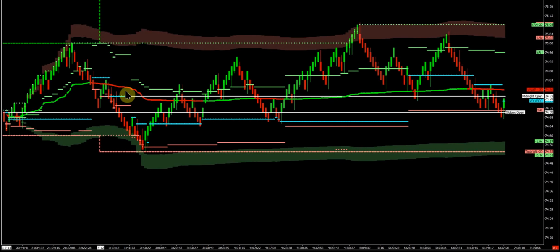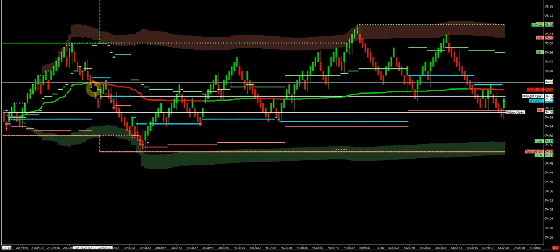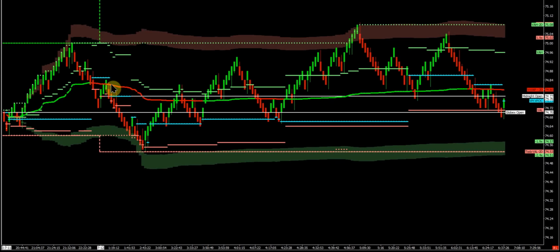This one went right through at 74.83, retested 74.83, but did not come up here to the VPOC, which is that cyan line right there. So once this came on, you were really, really safe putting your stop up here.